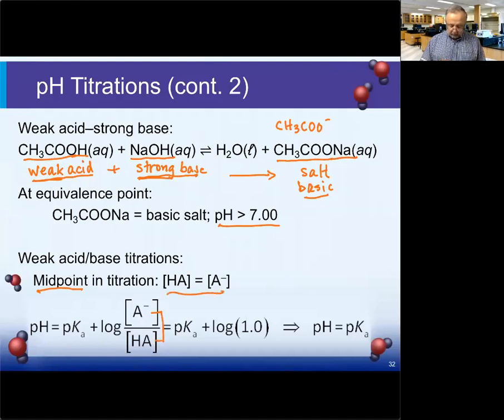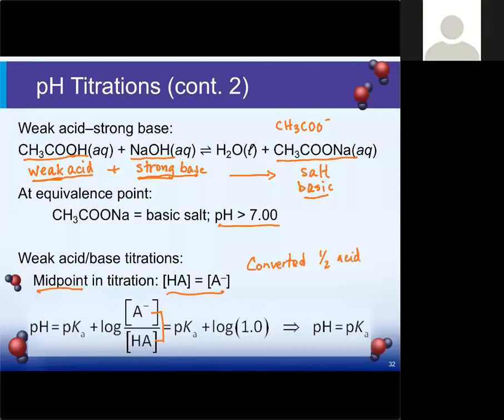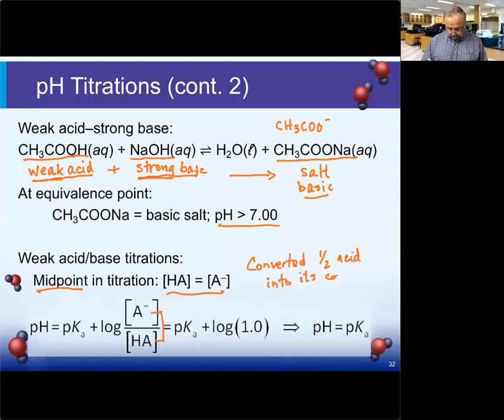Because at the midpoint, we have converted half of the acid into its conjugate base. And therefore, these concentrations are going to be the same, which means that this ratio is going to be 1. And being 1, the logarithm of 1 is 0, and therefore the pH is going to equal the pKa only at the midpoint.